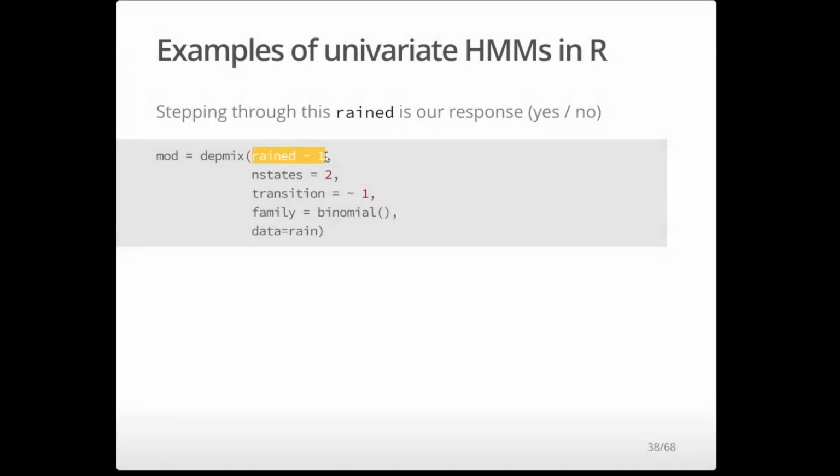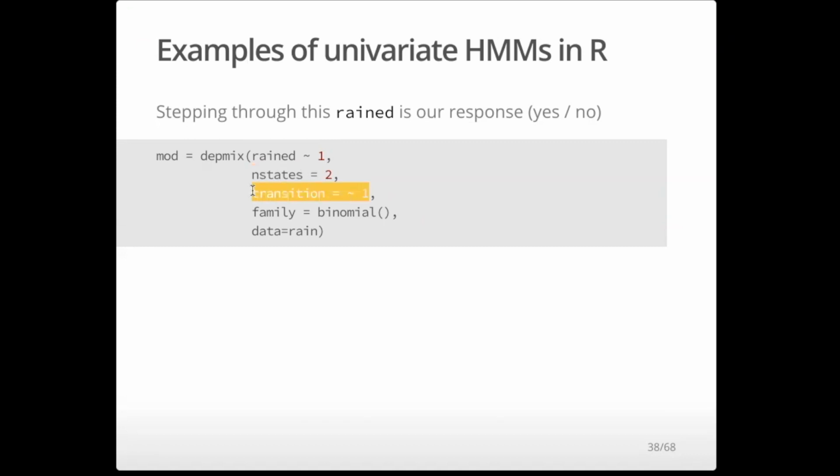So the first line is just whether or not it rained, and in R, the tilde with a 1 just represents the intercept-only model, so we're not including any covariates. We specify the number of states, which is going to be 2. It's going to be rained or not. Again, that's something we specify a priori, and we don't let the model decide.